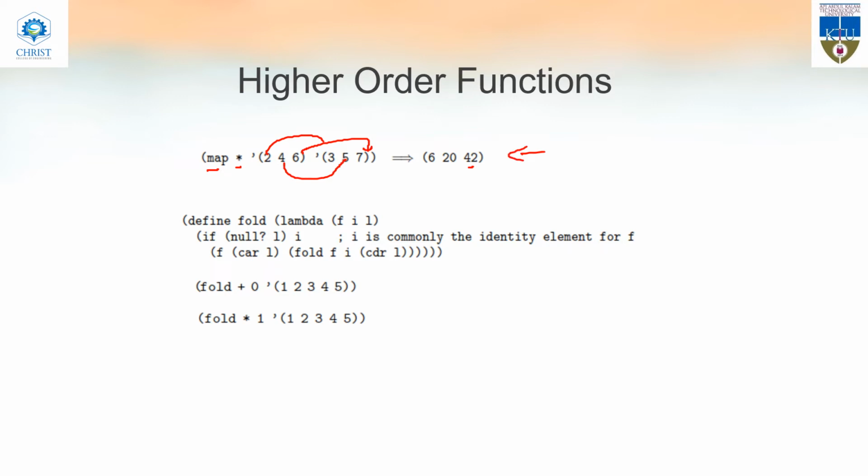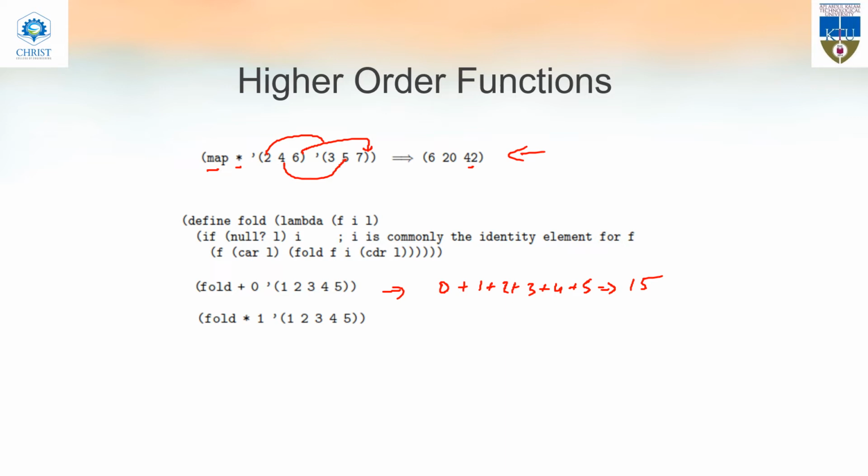Likewise, we can define other higher order functions. If I am writing fold plus 0 and I am inserting a list, then what happens? It will give 0 plus 1 plus 2 plus 3 plus 4 plus 5, where 0 is the initial value. That sums up all the elements in the list.